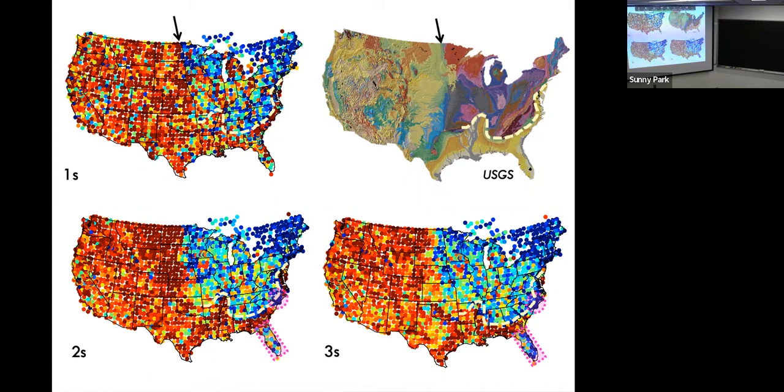Now, what's interesting is we can try to track this boundary as we go into 2 and 3 seconds. As you can see, the boundary is moving to the west a bit as you go into 2 and 3 seconds. So now what we can do is take the surface observation and extrapolate into depth, and can tell, oh, this boundary is actually dipping to the west. So we really now start to be able to do that kind of thing.